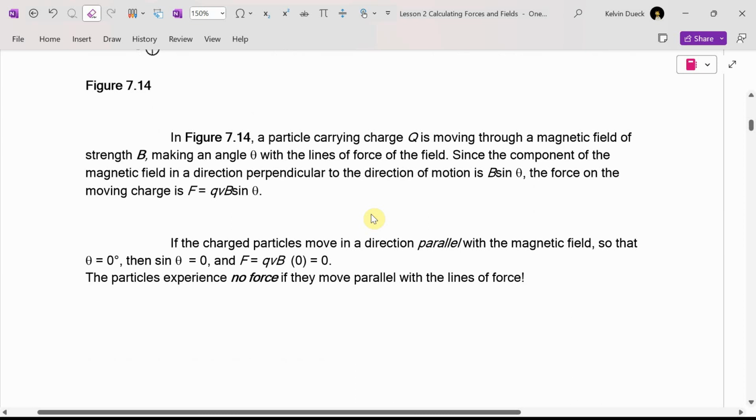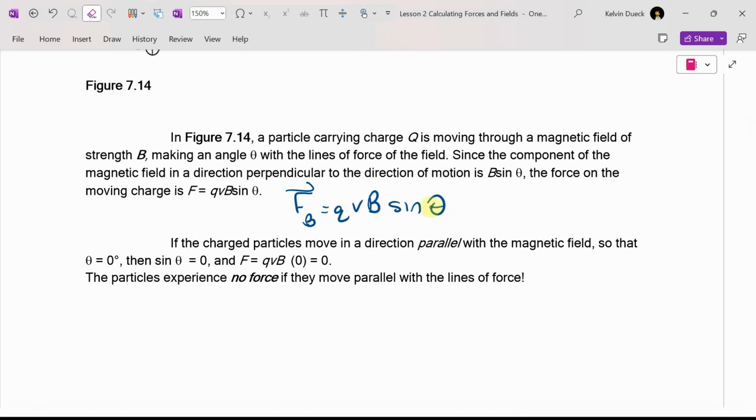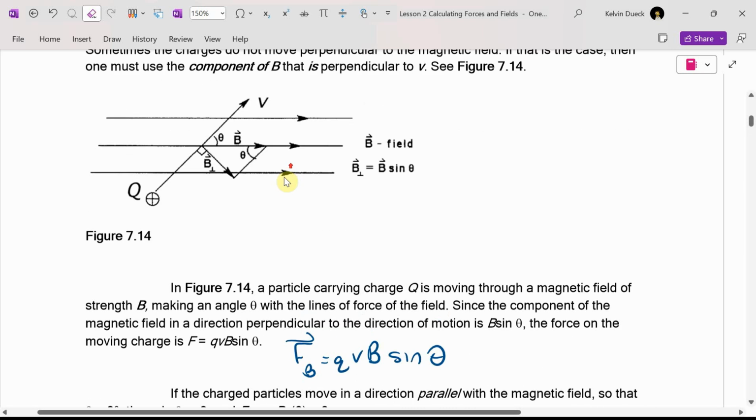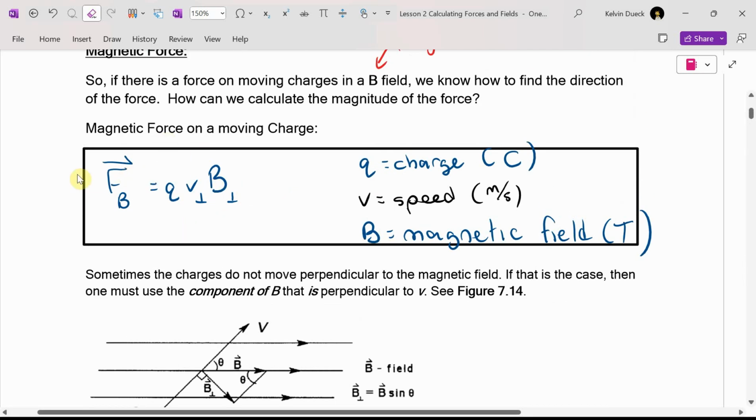And so actually the correct equation for magnetic force is technically Q V B sine theta. That's not the one that I put on your formula sheet. By the way, I should have said, can you all look at your formula sheet and find where this charge is, and that'll tell you the area that we are now in.